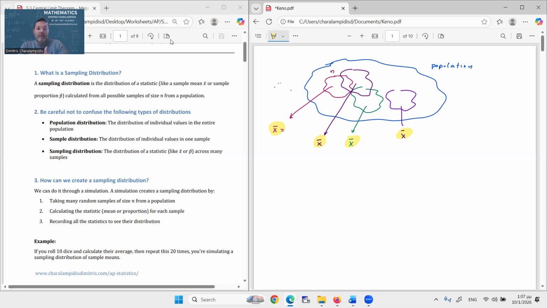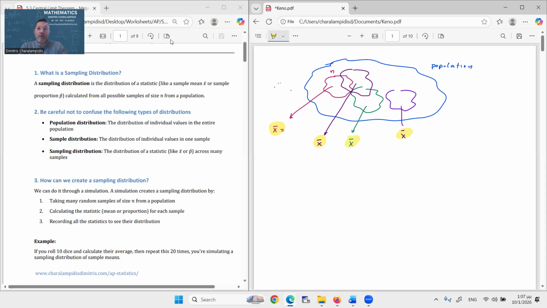Now, with regards to the sampling distribution, of the mean for example, that would be calculated from many different samples. So, in that case, instead of just plotting heights of students, we would be plotting means, which would be taken from each one of these smaller samples.